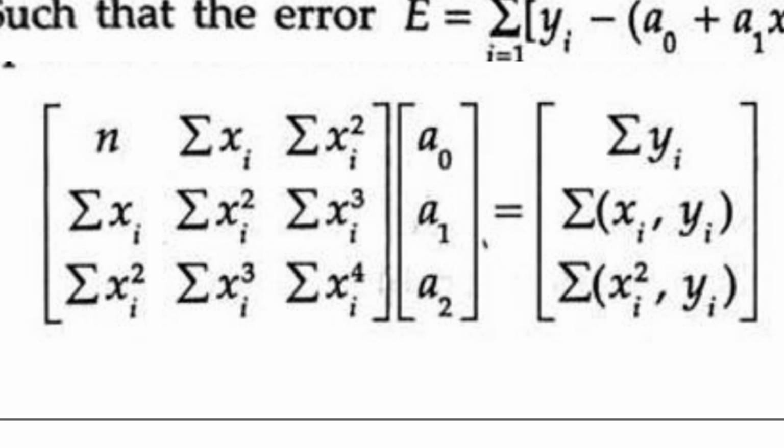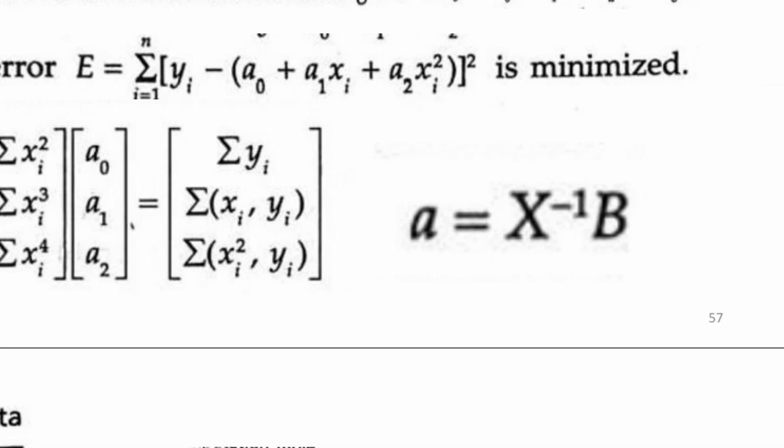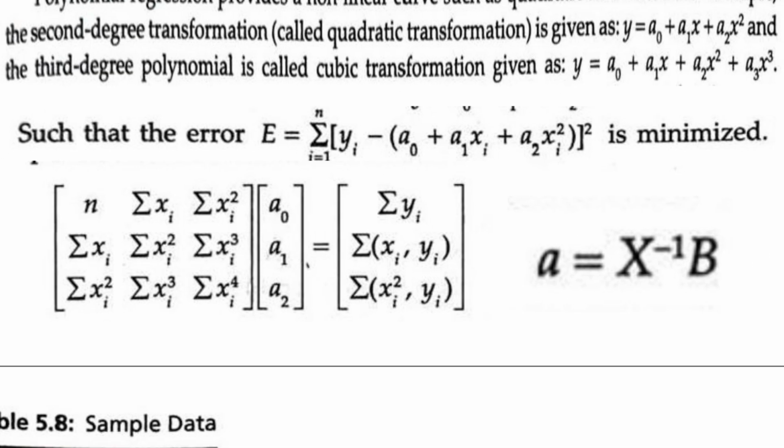It is easy to remember: n, sigma x, sigma x². Then in the next row, second column and third column, one more power will come. In the third row, second and third columns, then one more will come. So this is the thing. From this equation, you can compute A easily.